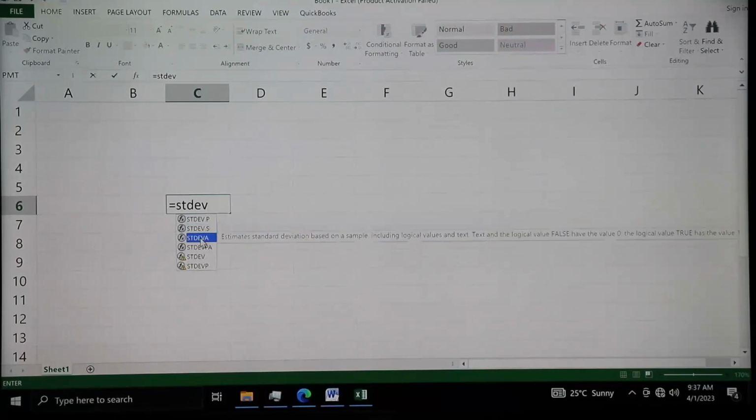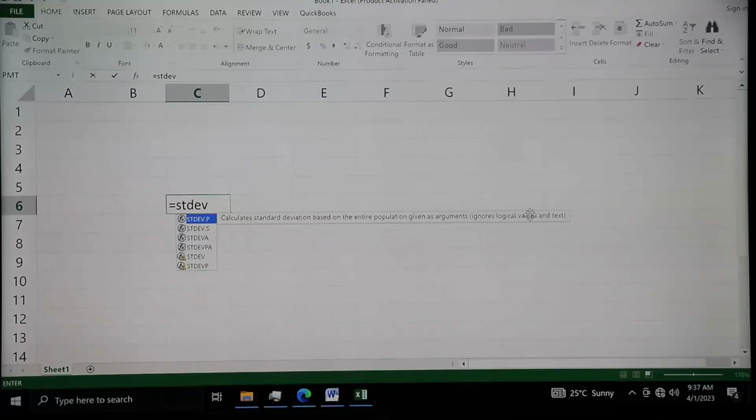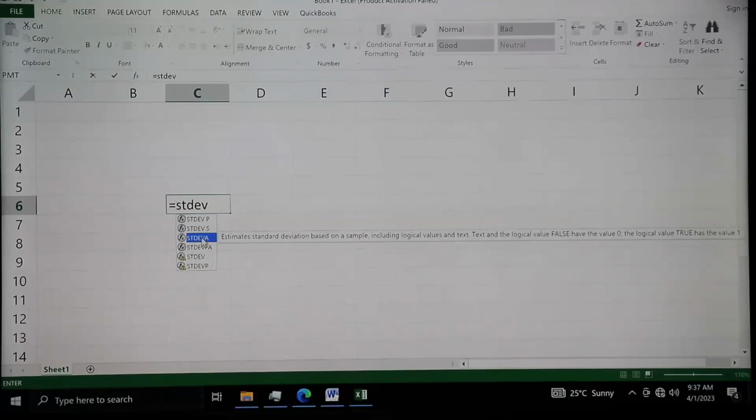Well, .A here represents the standard deviation based on the sample, including the logical values and text, that is all the data. That is compared to the first, which ignores the logical values and text. But for A, it includes all of them. So that is the difference between those.